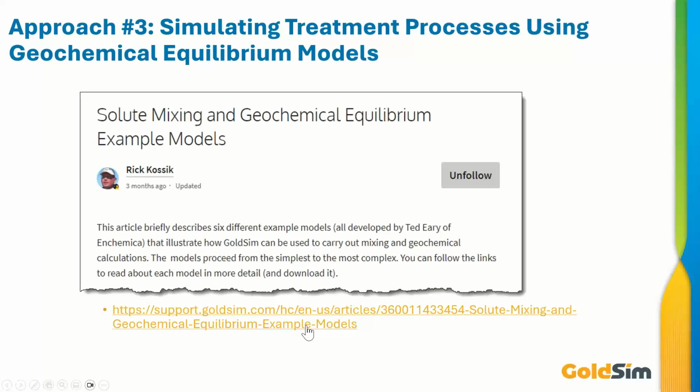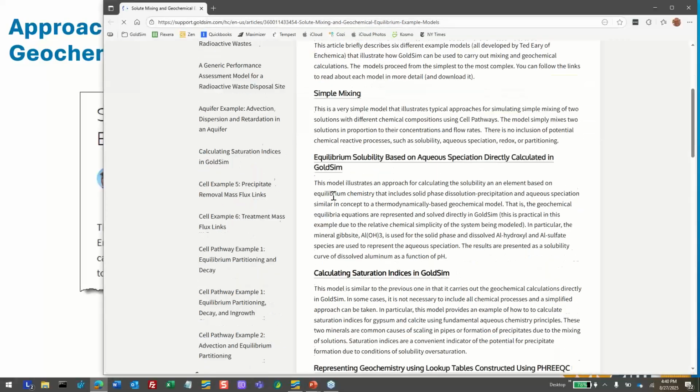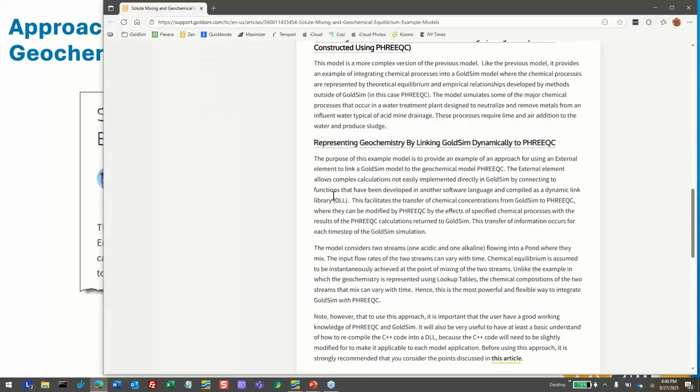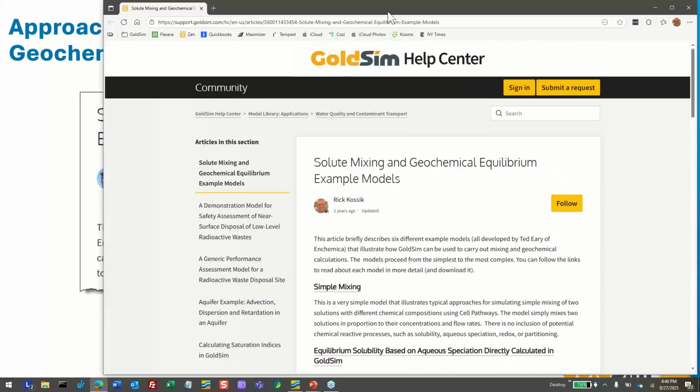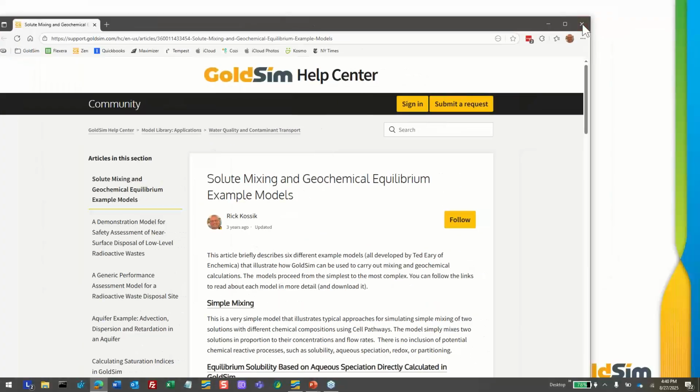If you're interested in pursuing this, you can walk through that article and download the models and the various examples.